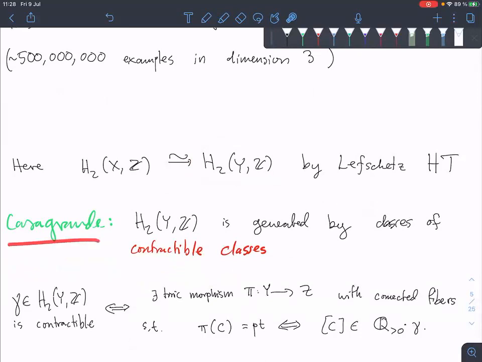But there's a more useful theorem here due to Casagrande, saying that H2 is generated by classes of certain contractible classes.